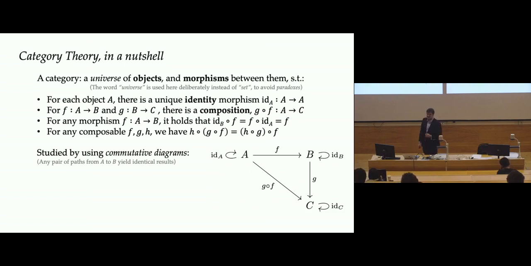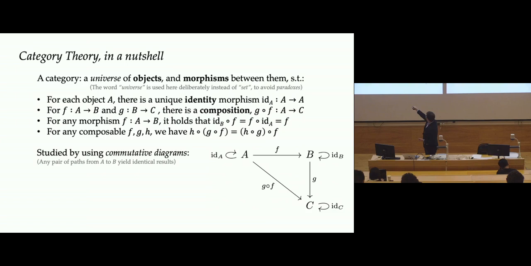So there must exist another morphism, G circle F, which is the composition of the two morphisms. And also, it must hold that if I compose any morphism with the corresponding identity either at the endpoint or the start point, I will get back the same thing. And also, associativity must hold.